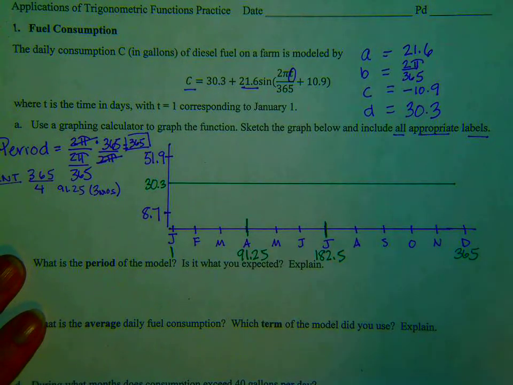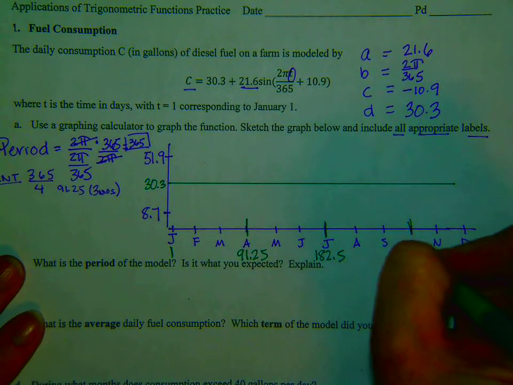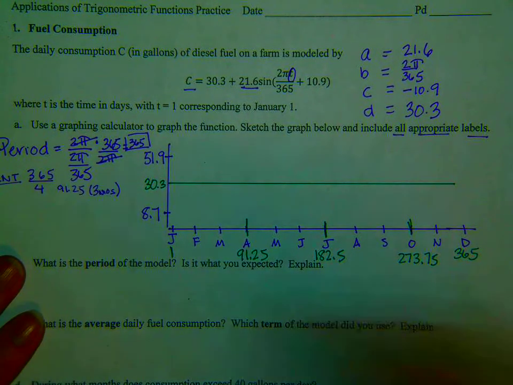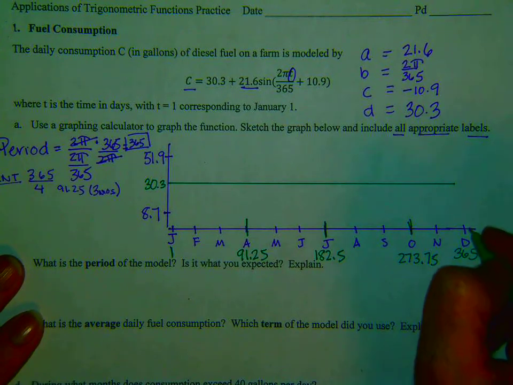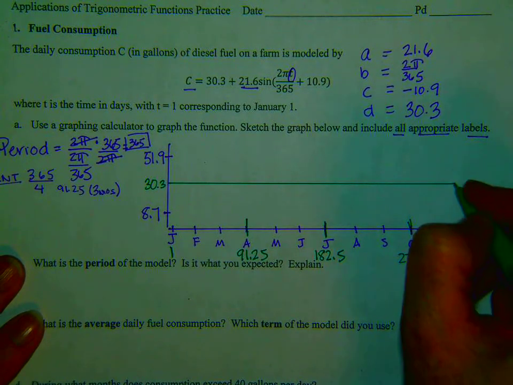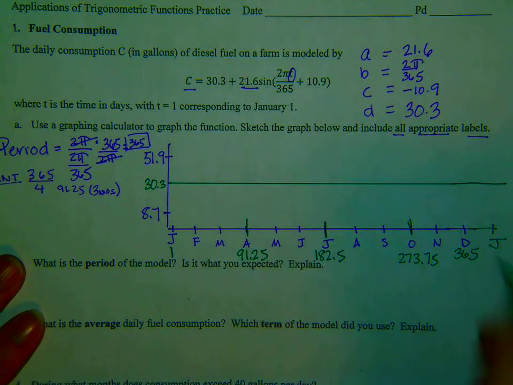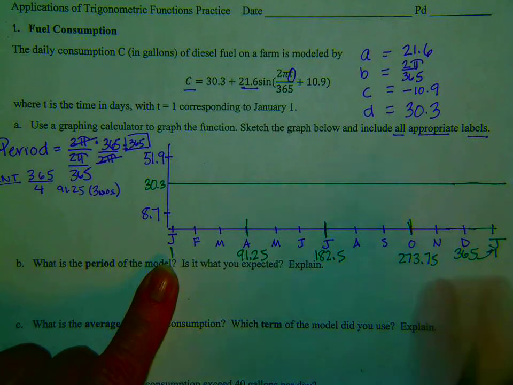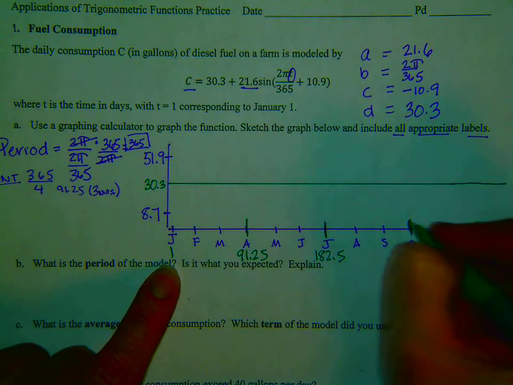Then 182.5 plus 91.25 is 273.75, plus 91.25 will bring me again all the way up to 365, because 365 would be again in January, right? I put 365 in December, but that's actually going to be January. That would be a full 365 days, which would be a full year. Okay, so I can do it in months, or I can do it in days.